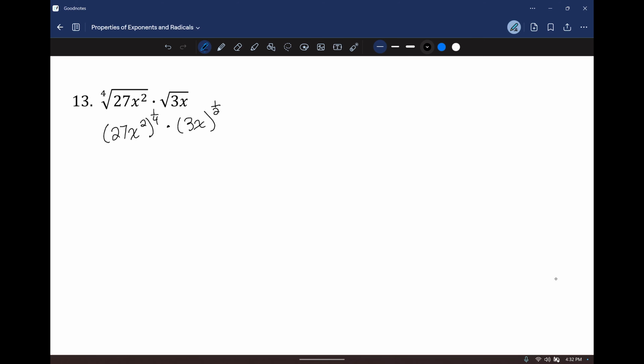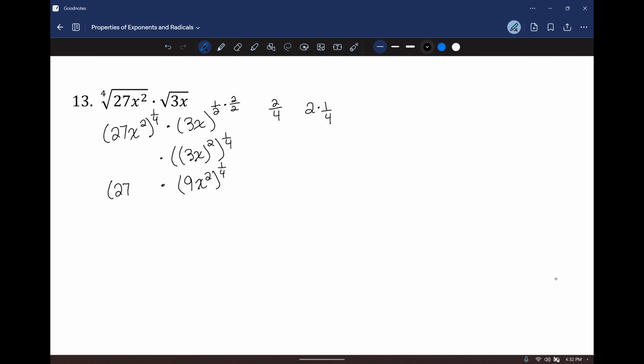So I can get a common denominator of 4 by multiplying by 2 over 2. That's going to give me 2 over 4, and I can view that as 2 times 1/4. So I'm going to take that 3x and square it and then raise it to the 1/4. That's going to give me 9x squared to the 1/4.